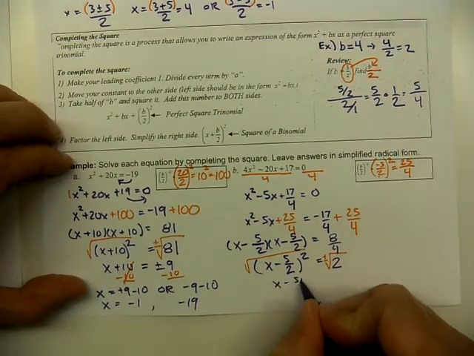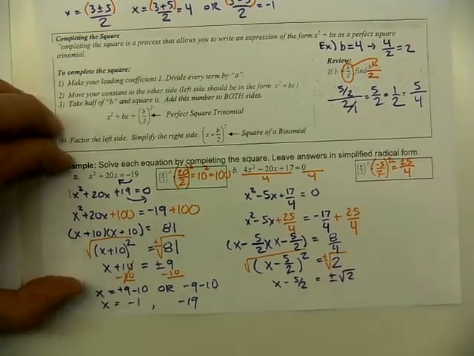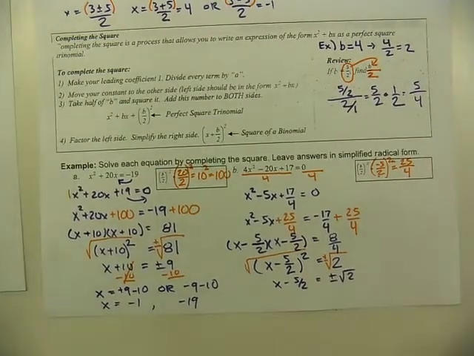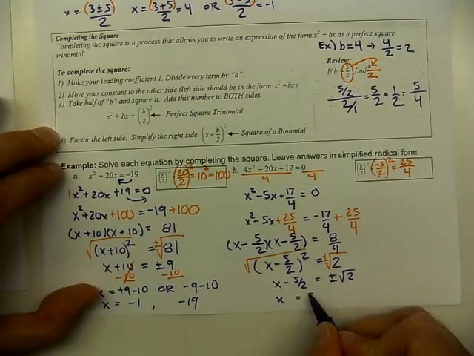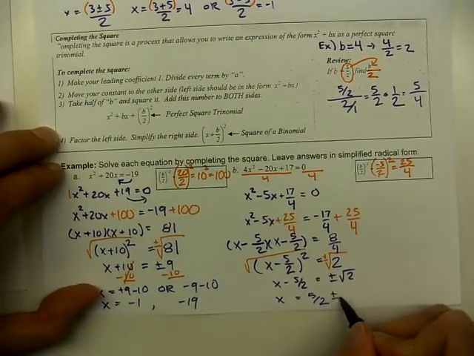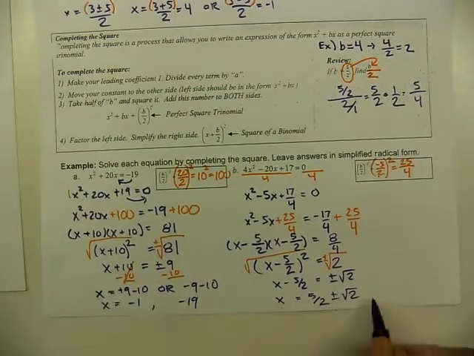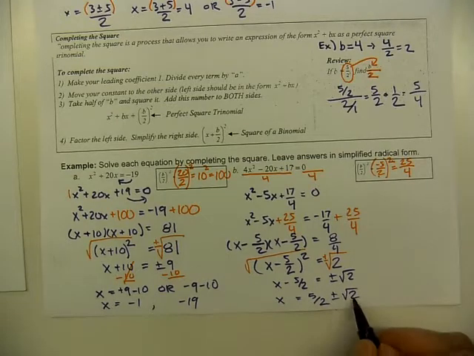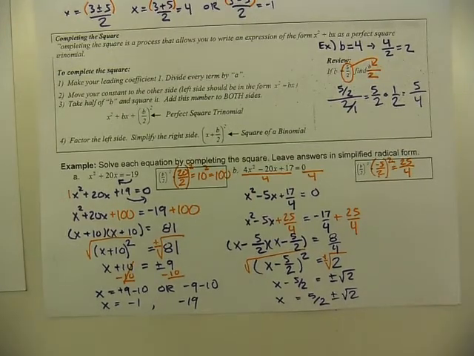So x minus 5 halves is on the left. On the right-hand side, you just have plus or minus root 2 because that does not factor or simplify in any way. So now add 5 halves to both sides. So x equals 5 halves plus or minus root 2. And we'll just leave it this way. I know you could create a common denominator and combine those over a common denominator of 2, but we'll just leave it that way for our purposes, and that will be just fine.